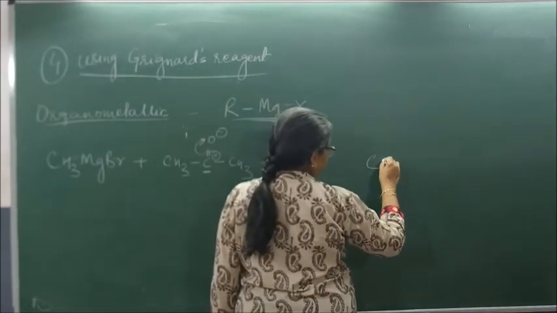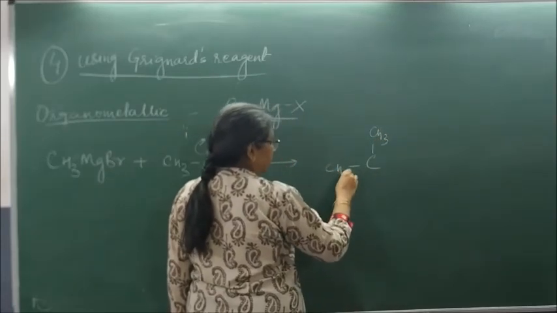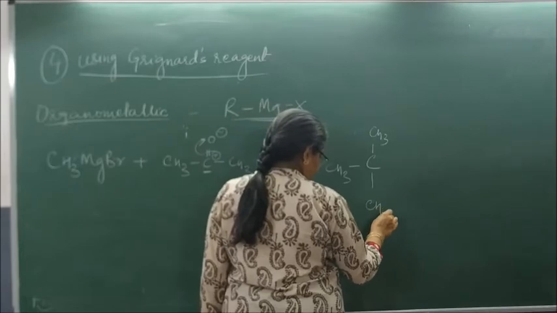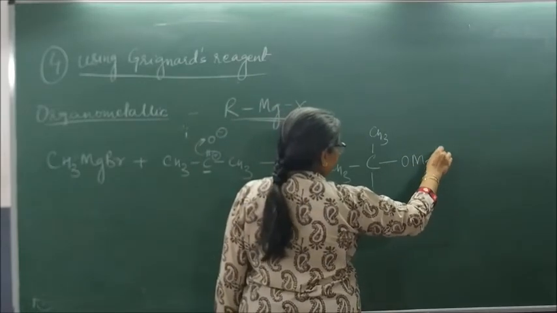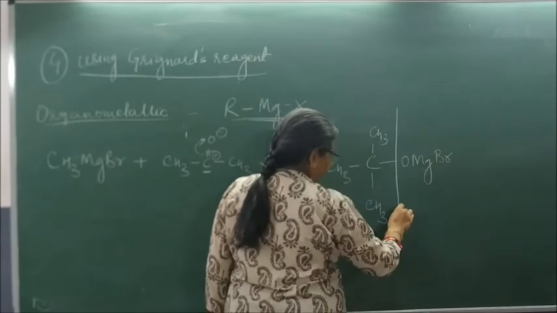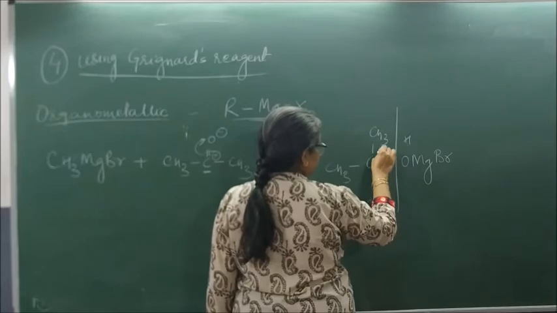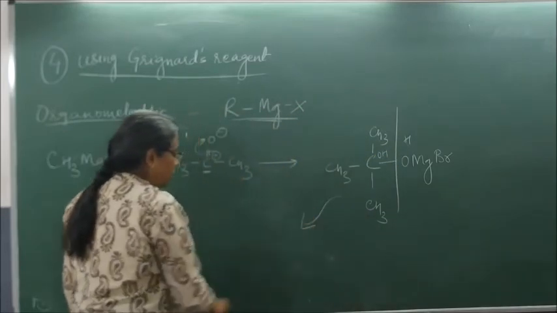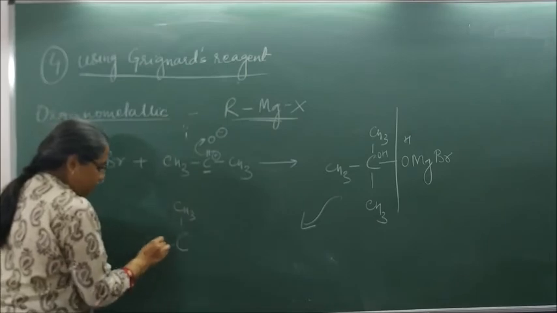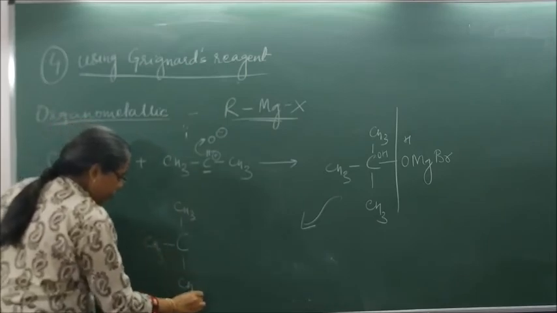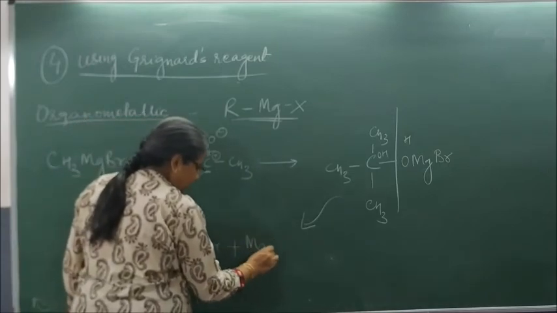I have one side CH3, the other side also CH3, this side also CH3, and I have OMgBr. Break, this is an H, this is an OH here. So I get C(CH3)3OH plus I get what?